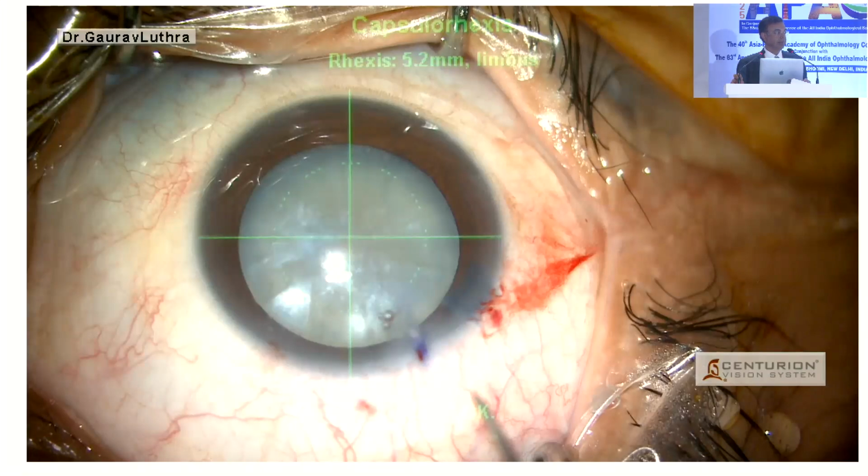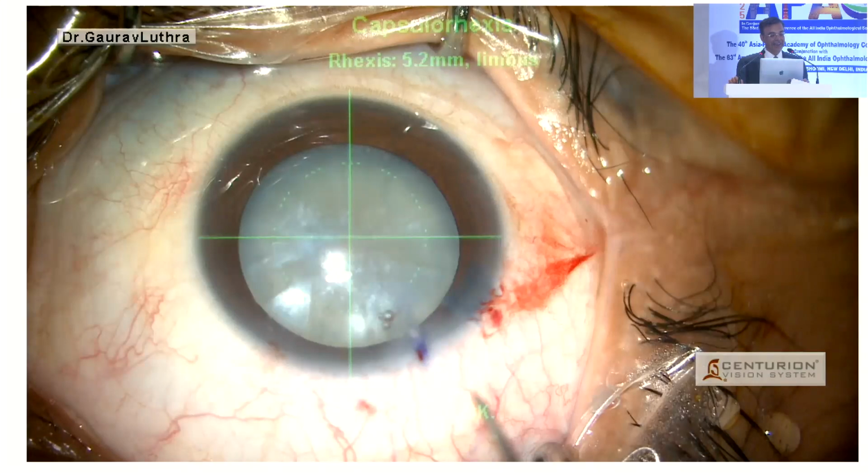But the advantage of a 3-piece in the sulcus is you're really having the haptics contacting the ciliary body in 2 locations. So you're getting almost like a scleral support without a suture, and the bag is keeping things up. The CTR is going to keep your bag from crumbling, but we already saw we're missing maybe 7 to 8 clock hours of zonule. So it's a good case because I don't think we have a consensus.